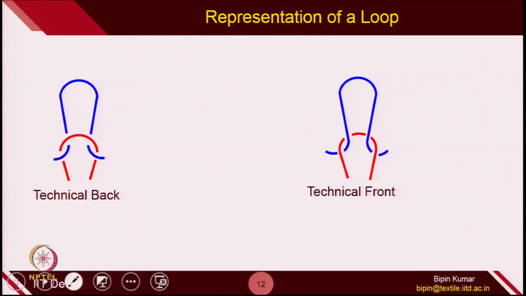Just now we have seen two possibilities of loop architecture inside a fabric structure. One possibility is technical back, where the loop looks like it is going on the back side. We can represent this particular loop, which is the blue one, being formed on the back side of the bottom loop, as a circle in a box. Okay.